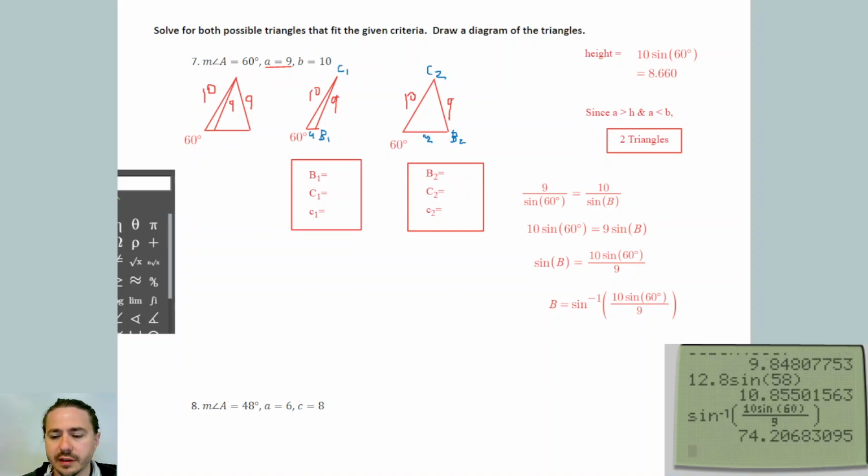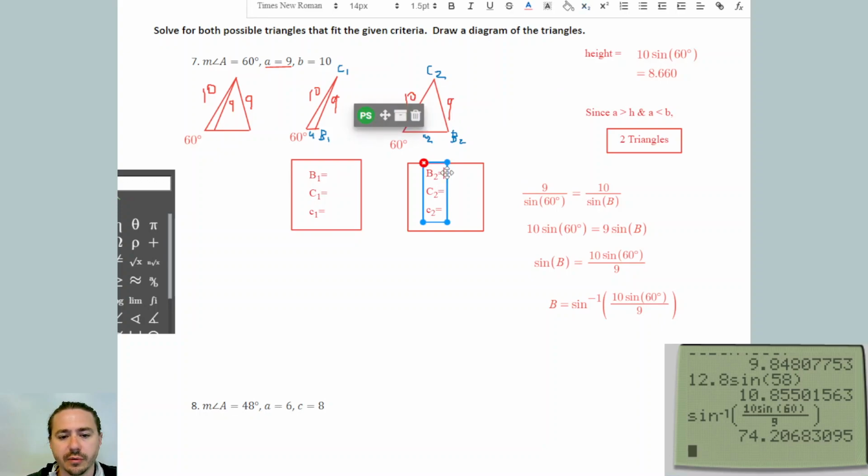All right, so we get about 74 degrees. And that's going to have to be this one over here. So you're most likely going to get the acute angle, but you really just want to make sure when you type it in that that is what you get. So we got 74 degrees, roughly.